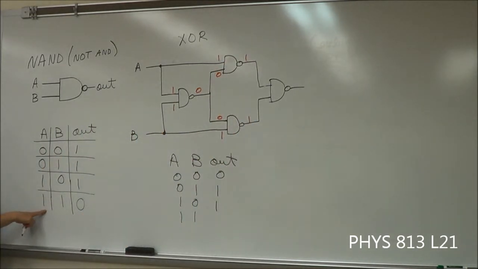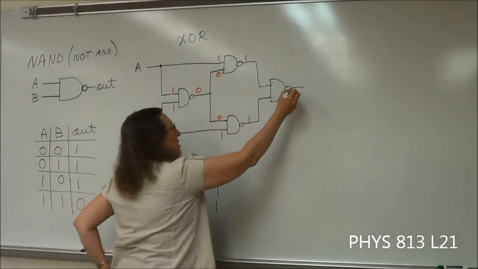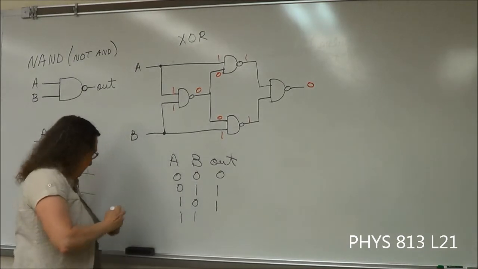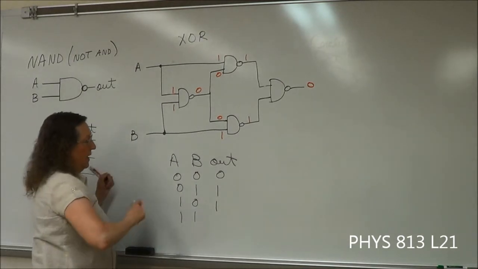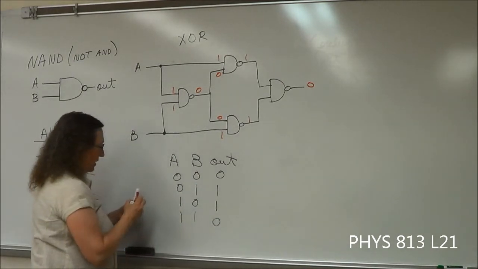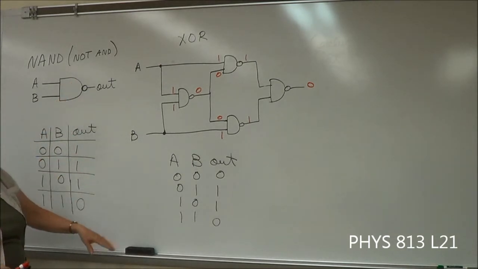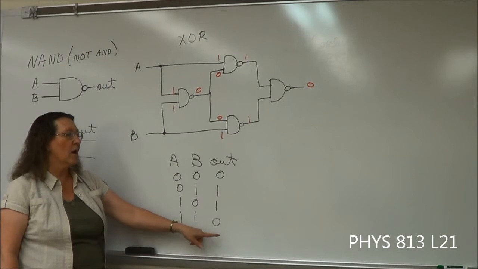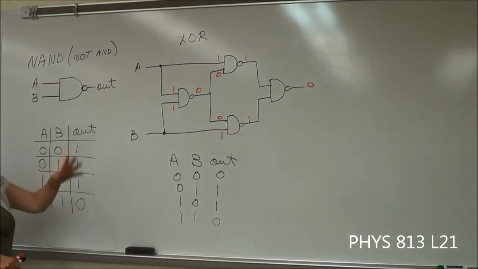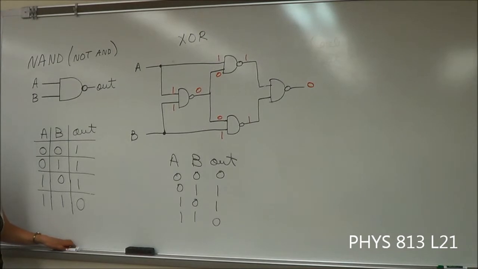Then we look down here for the 1 with a 1 gives us a 0. So our output is 0. And our output is 0 here. And again, if you look back to the exclusive OR, this output column is the same as what we had when we did it originally based on the original definitions.